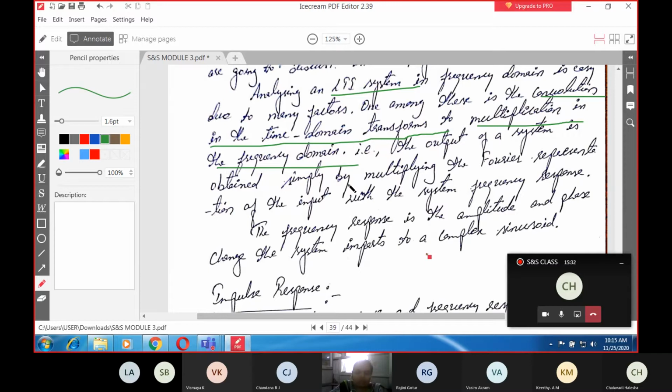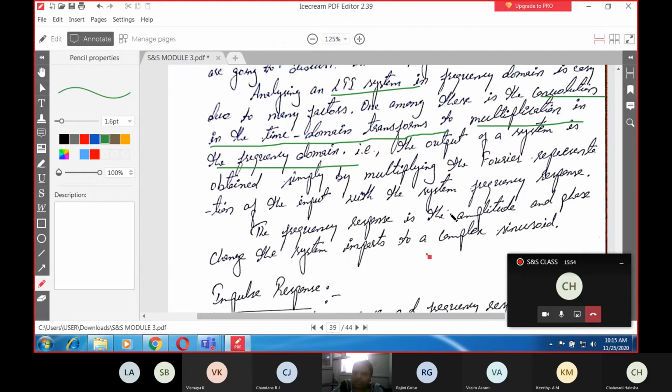Convolution is somewhat different. We have to apply the formula and we have to apply the limits further. But when I consider multiplication, it is just a multiplication of two factors, right? For that reason, it will be easy to process. Processing is very important, right? That is the reason for the Fourier representation of the input with the system frequency response.